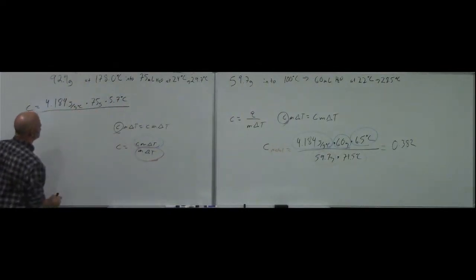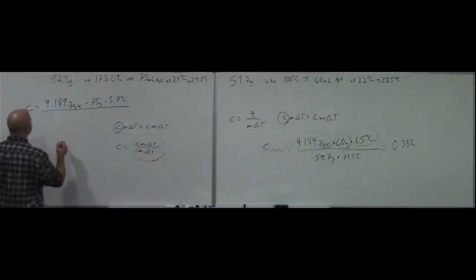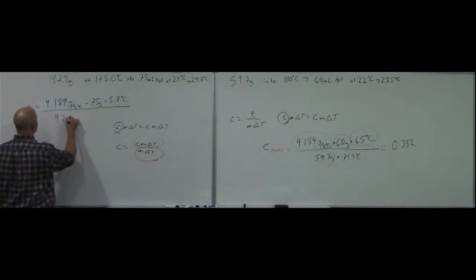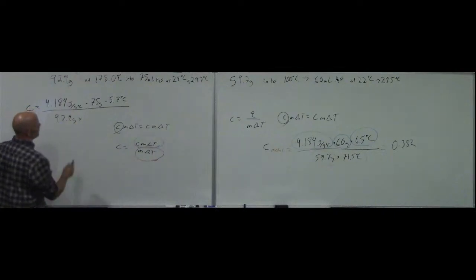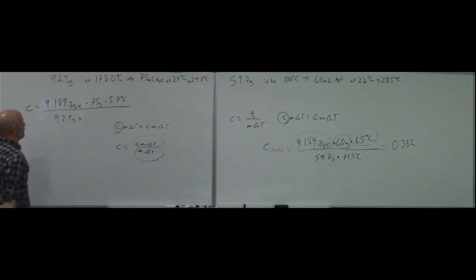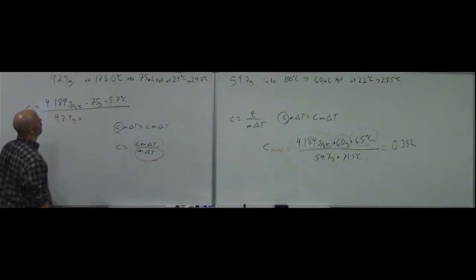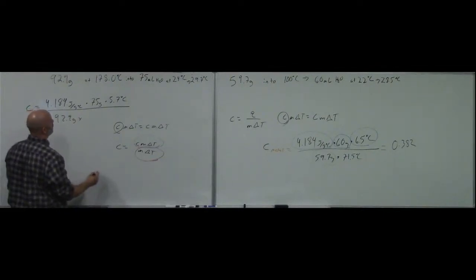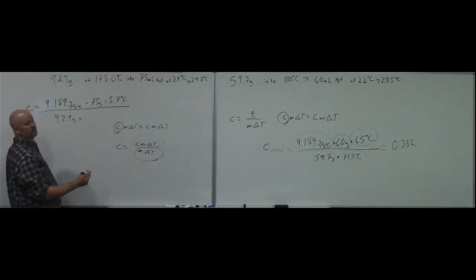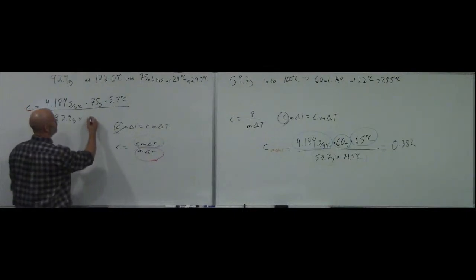And divide all that by 92.9 grams times whatever that temperature change is. That's going to be 147.3 or something like that? 148.3. 148.3?